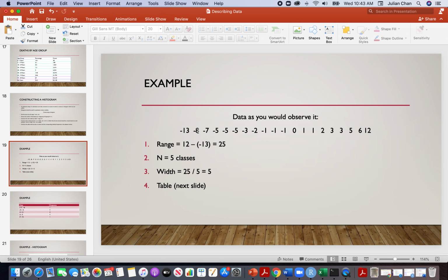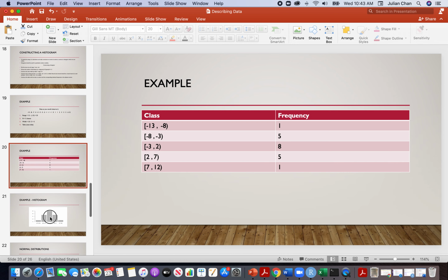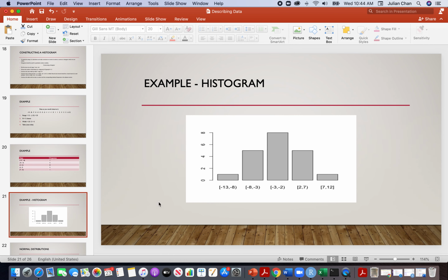So I go through it, minus 8, there's 1, 2, 3, 4, 5. I don't count minus 3 because I don't include the endpoint. So I have, again, 1, 2, 3, 4, 5 observations, and there it is. And I keep going through this, okay? And this is my frequency count. So now I can form the histogram.